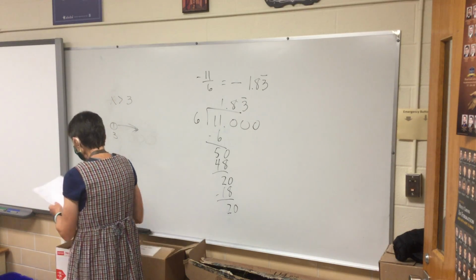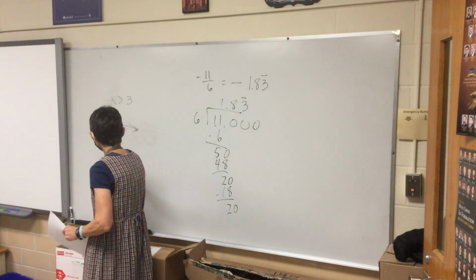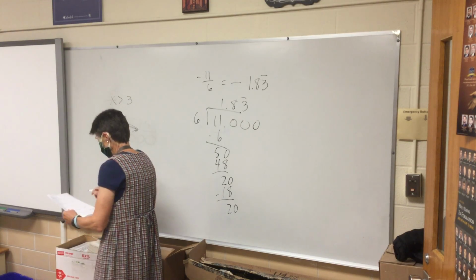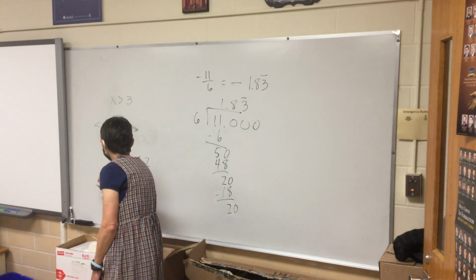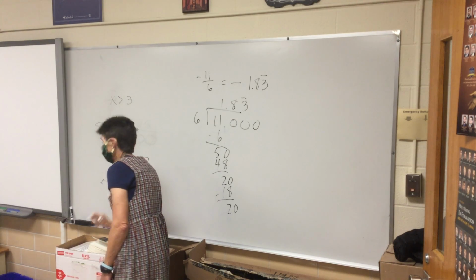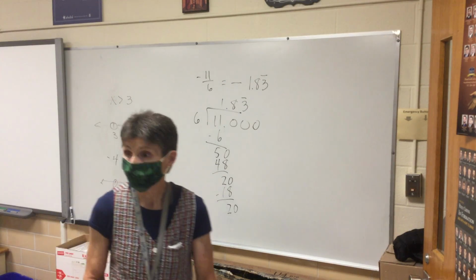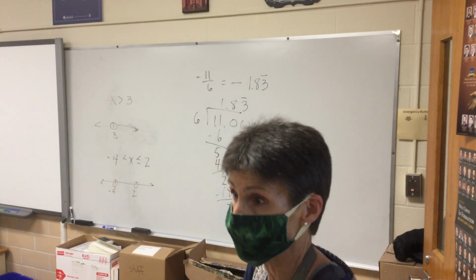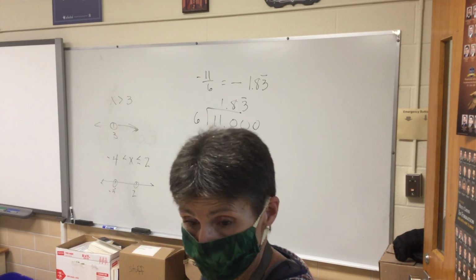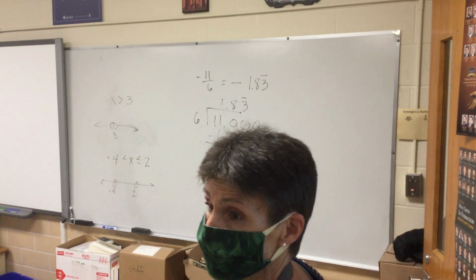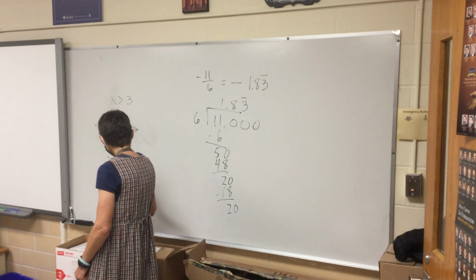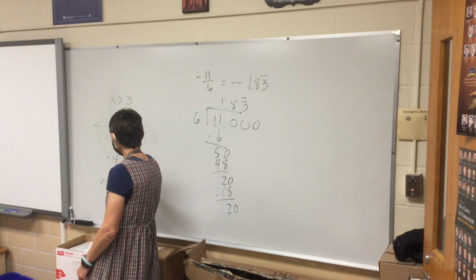All right, what about the next one? What does this look like? Now, first of all, you're going to have 2 numbers on the number line. -4, open circle. We're going to have two numbers on the number line because there's two numbers in the problem. Are we going to use open dots or closed dots? Well, the negative 4 is going to be open and the 2 is going to be closed because of the signs, right?